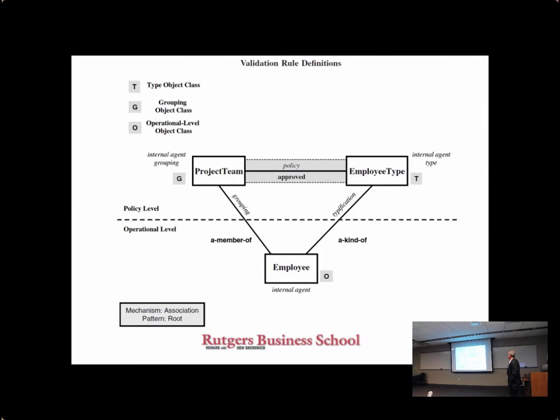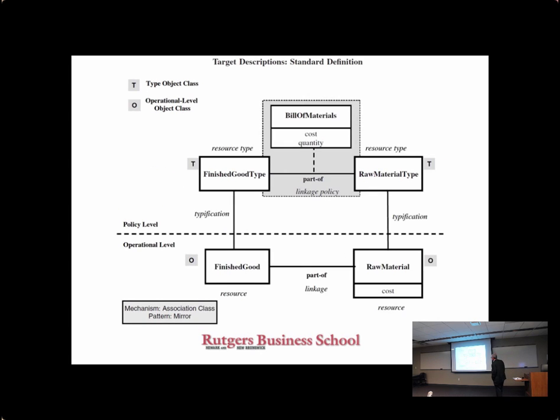Okay, target descriptions. This is probably one of the more involved parts here. So here we are dealing with the mirror pattern, and the policy is expressed by means of the attributes of an association. So it's an association class. So what is the policy here?